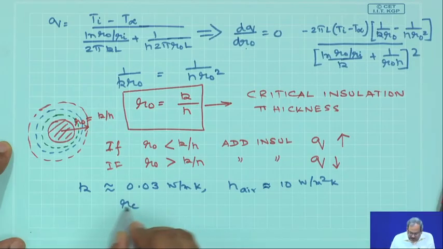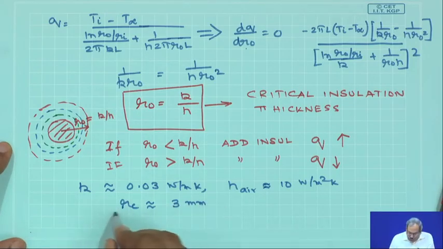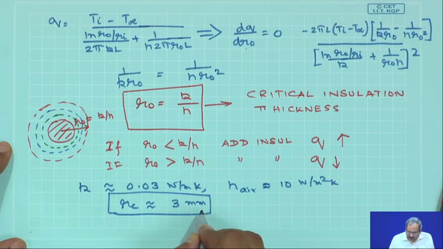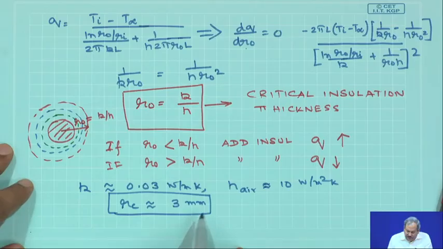So, R C, the critical thickness of insulation, is going to be about 3 millimeters. So, your size has to be less than 3 millimeters for the occurrence of the phenomena associated with critical insulation thickness.